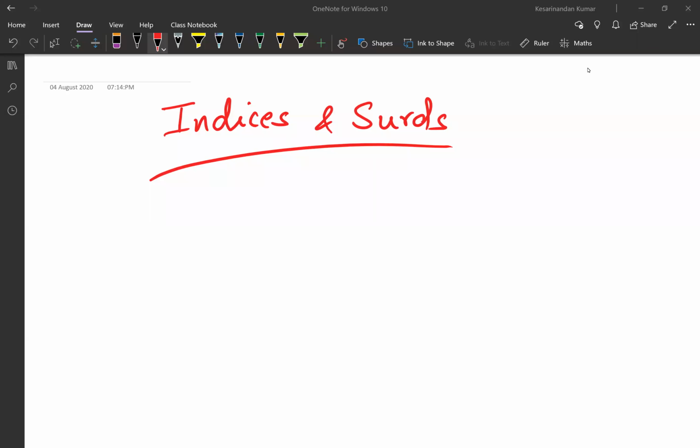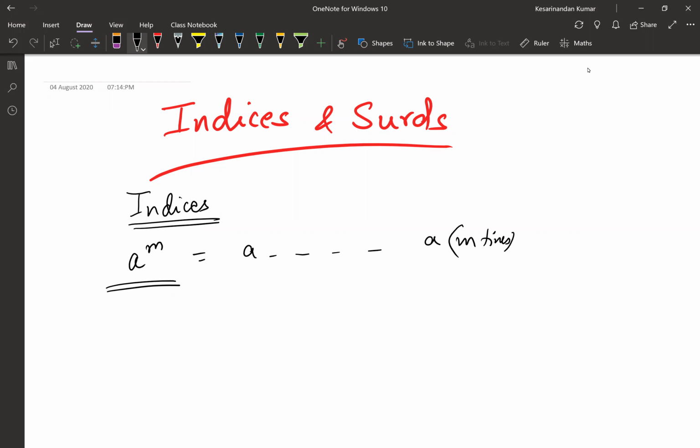So to start with, we'll start with indices. This is pretty much your high school stuff, all the laws related to a raised to m. In general, a raised to m is basically a multiplied m times.